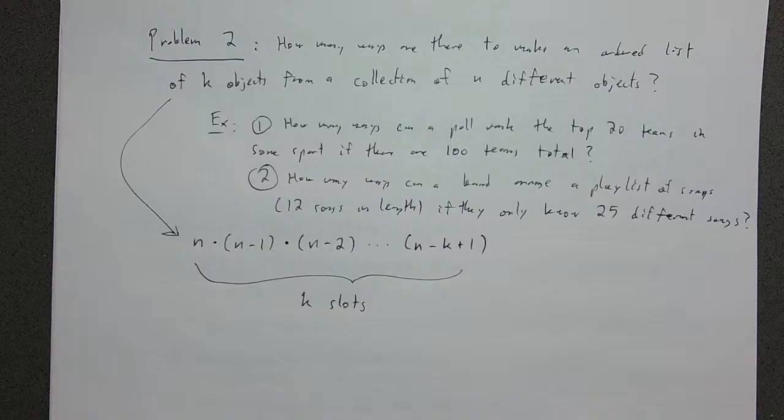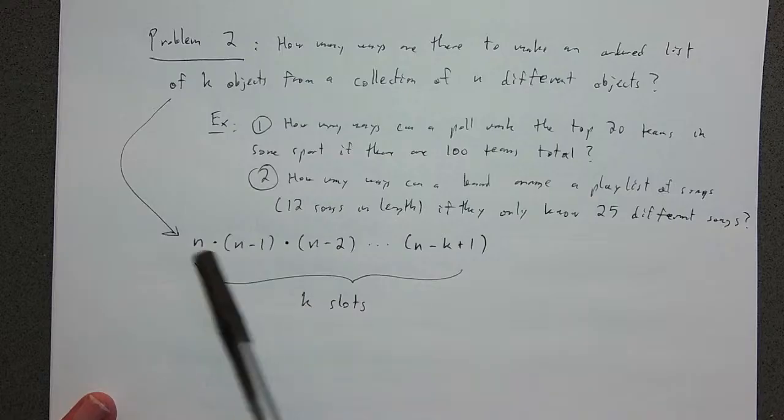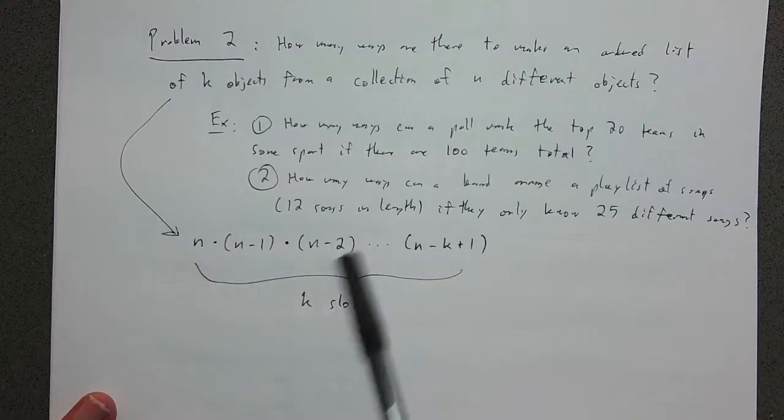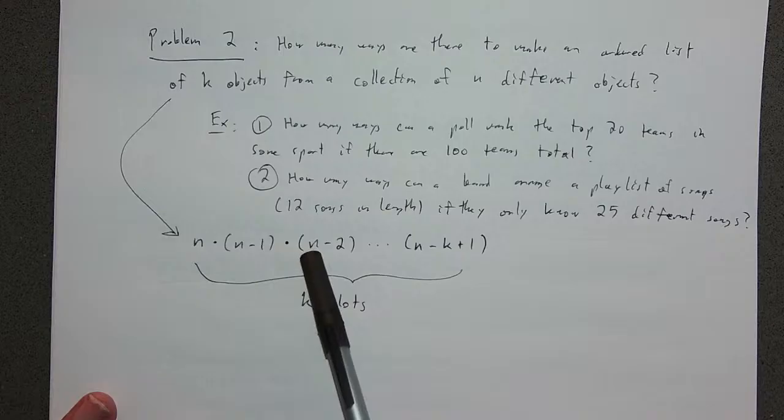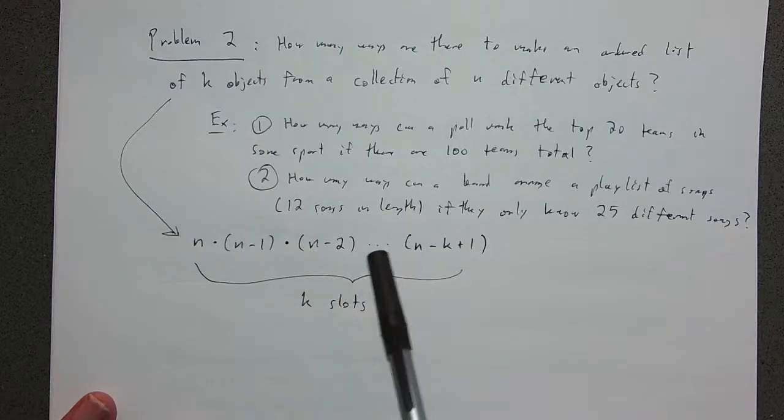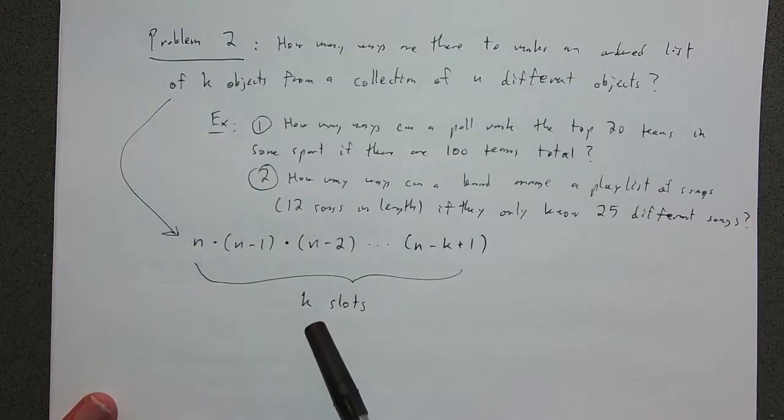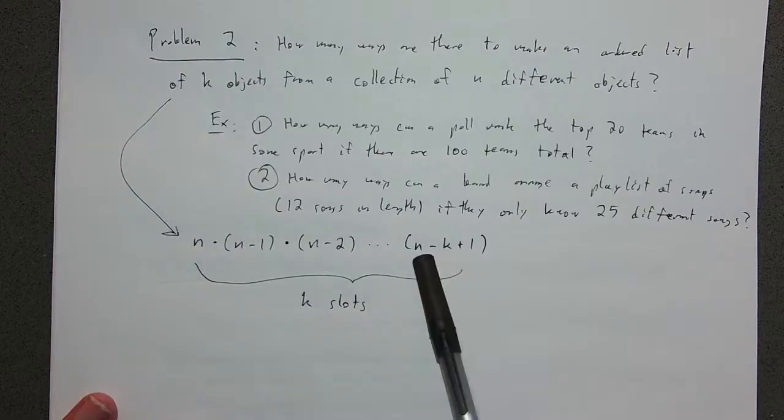If you're wondering why this is n minus k plus 1 and not just n minus k, think about just the first three, right? If you only had 3 slots, it would be n minus 1, and n minus 2, not n minus 3. N minus 3 would be a fourth slot. So however many slots, it's not n minus k, it's n minus k plus 1.